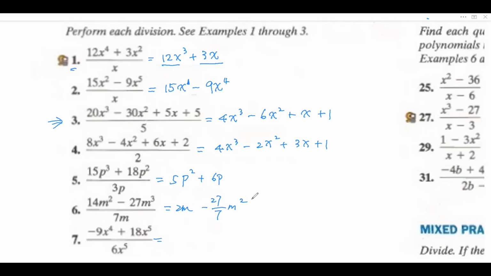What about this one? You got negative 3 over 2x. And plus, here is 3x, oh, no x, so we got plus 3. That's it, right? So 18x to the power 5 divided by 6x to the power 5. So you get 3 directly, right?